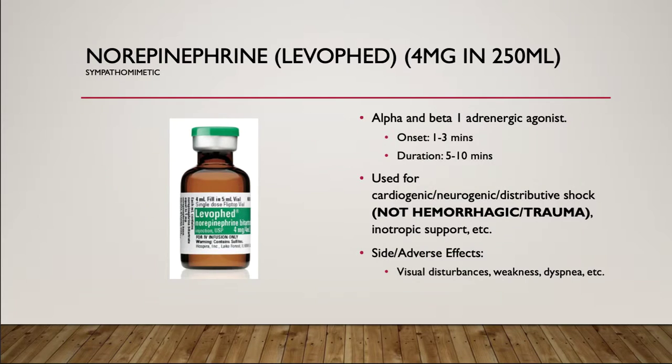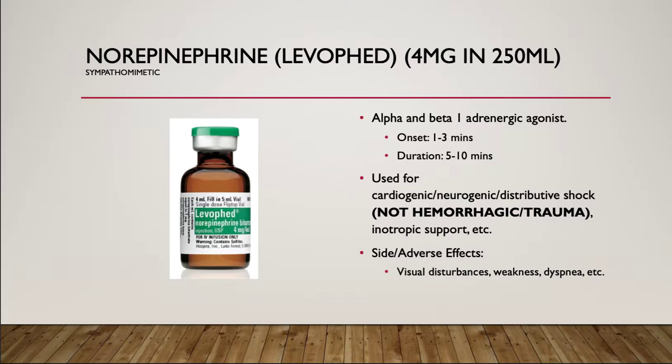And we're going to go ahead and wrap this up with norepinephrine, right? You'll hear it often referred to as Levophed. I say 4 milligrams in 250 mLs, and that's D5W or normal saline. It's a sympathomimetic, and it's an alpha and beta 1 adrenergic agonist.